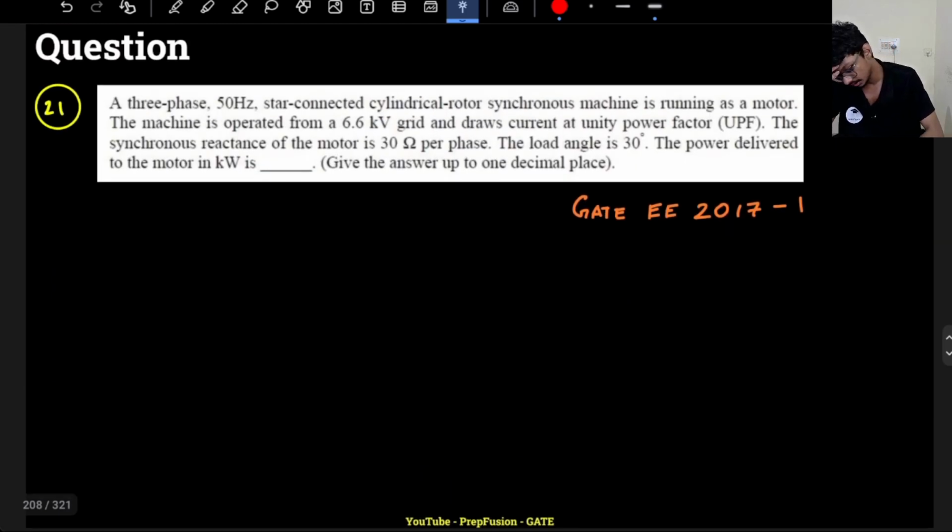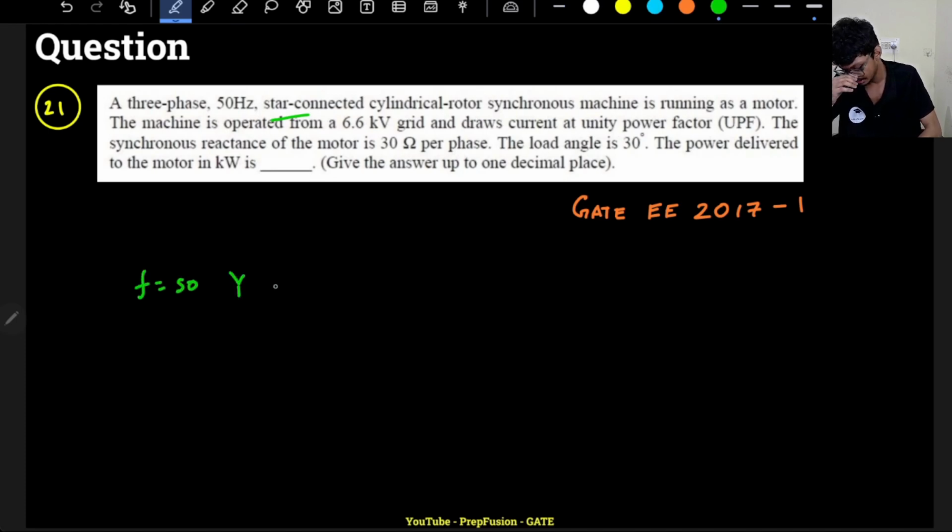Okay, so let's now solve the next question. A 3-phase 50 hertz star connected, very important information, it is star connected, cylindrical rotor machine is running as a motor, operated from a 6.6 kV supply.